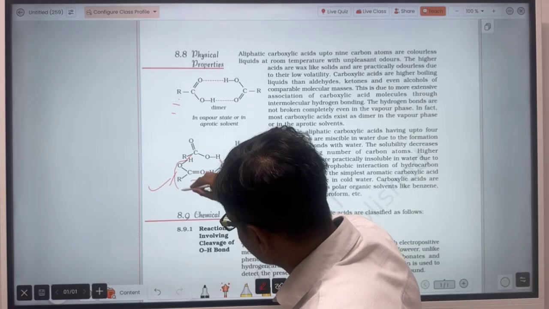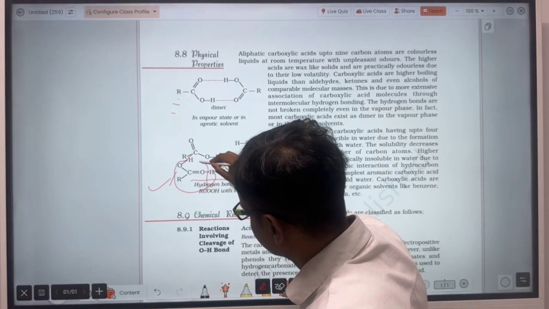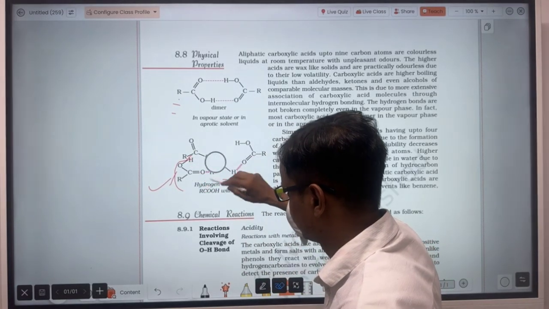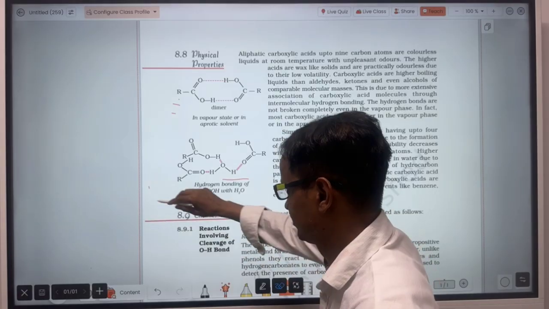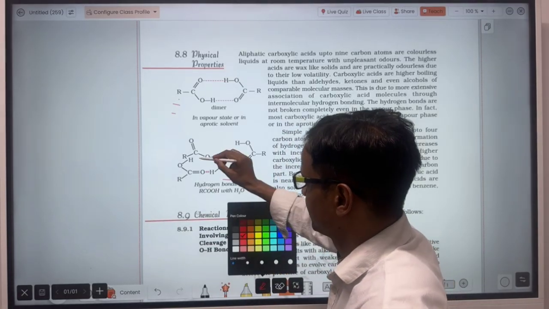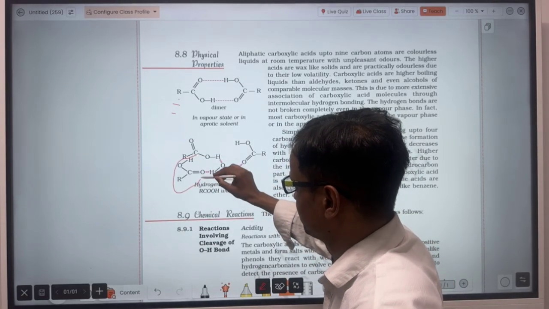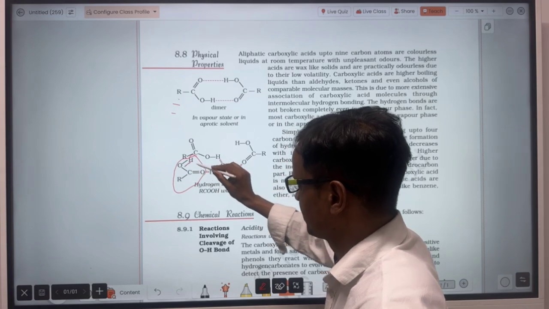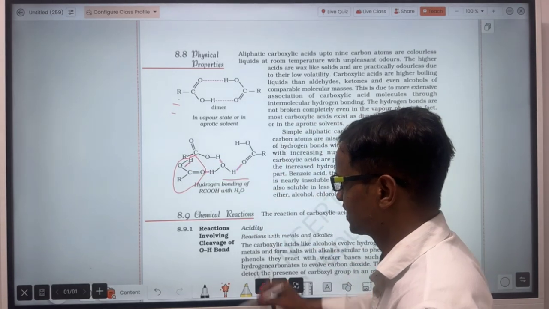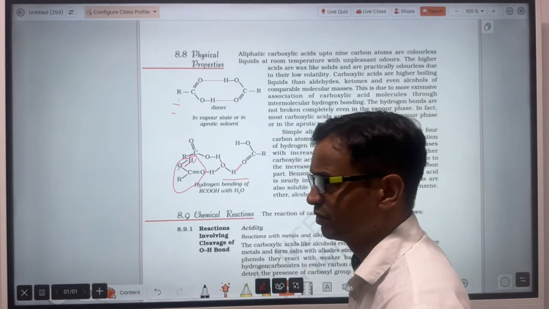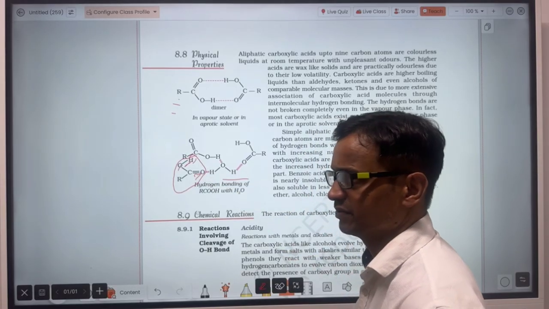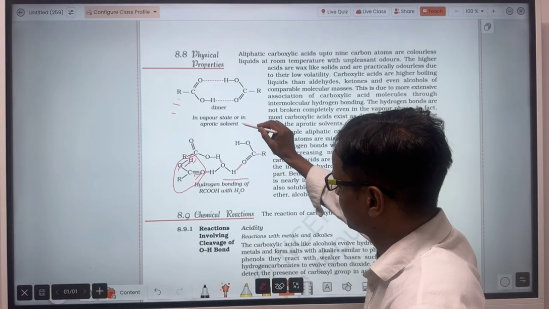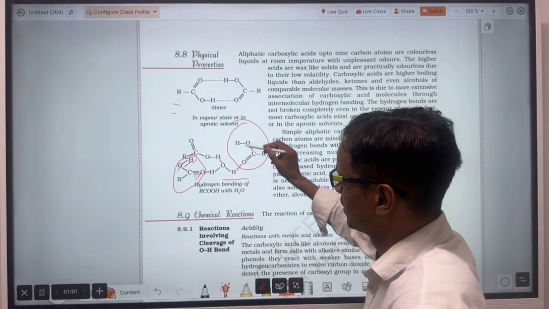Suppose we consider this carboxylic acid molecule. This OH part will also be involved in hydrogen bond formation, that is hydrogen and oxygen, this one also, and here this acyl oxygen also. Now about the alcohol molecule, compare.